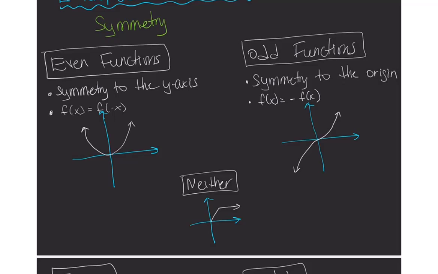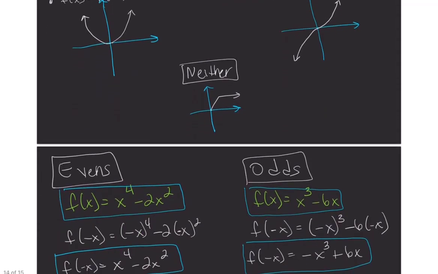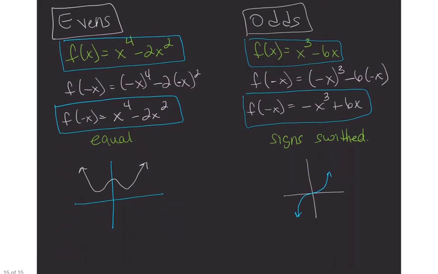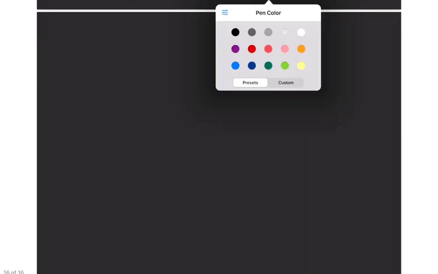All right, you've got to try one for me. So you guys try, let's say f of x equals x squared plus 2x plus 1.